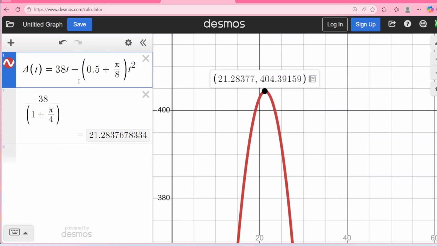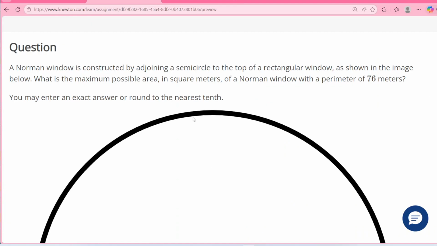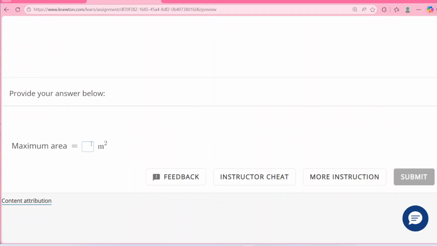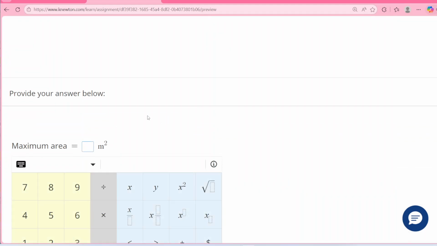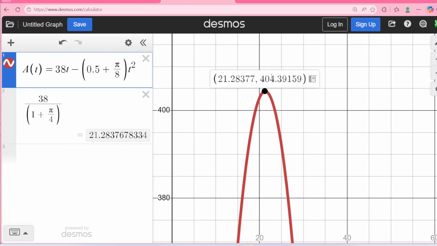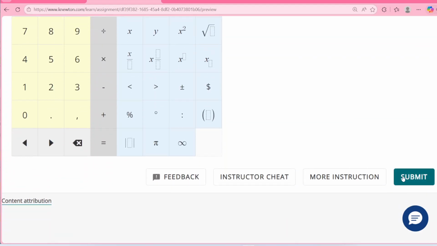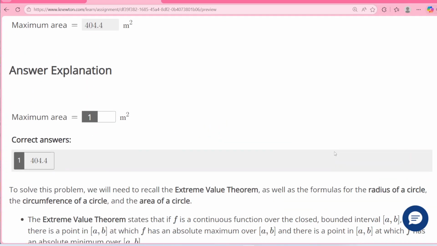So I found that value, but then needed to plug it into the function and get this 404.4. Round to the nearest tenth. So in the largest area, I'm going to put the maximum area possible, 404.4. Let me just double check that. Yeah, 404.4 square meters. Cool.